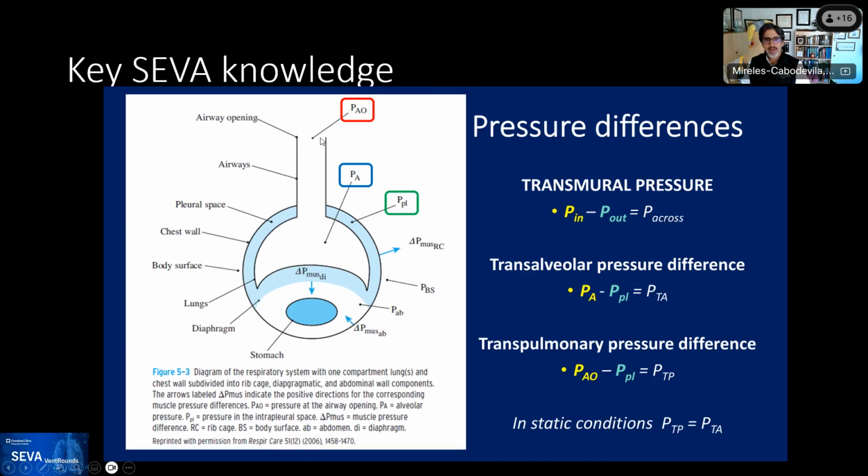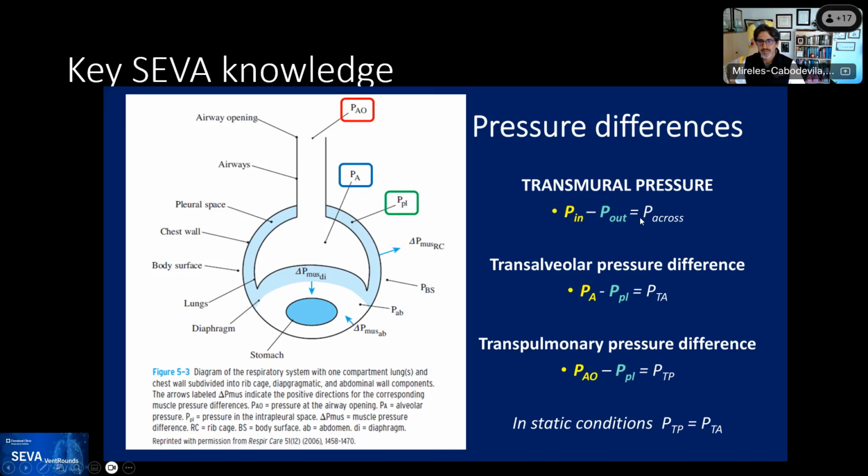And so you have the airway opening pressure here in red, and then the alveolar pressure here in blue, and then the pressure surrounding the alveoli, which is the pleural pressure. And this is useful for us to outline what we consider to be a transmural pressure. So the pressure inside minus the pressure outside.